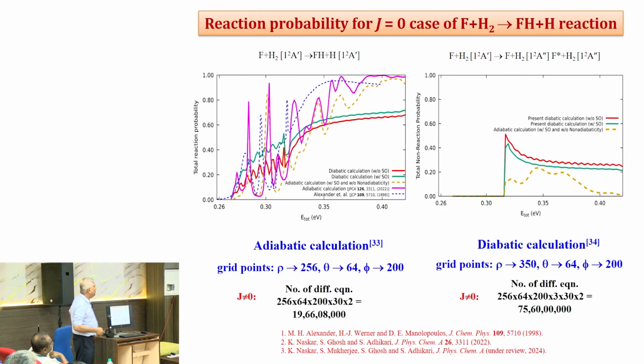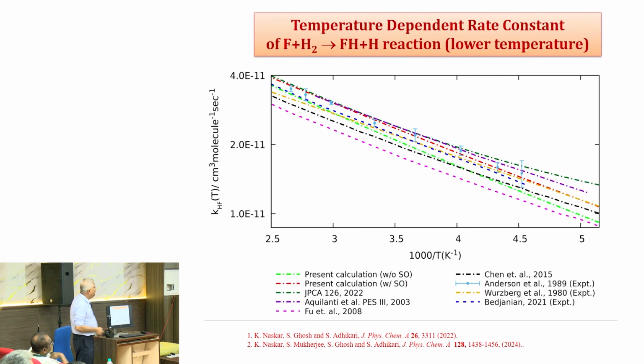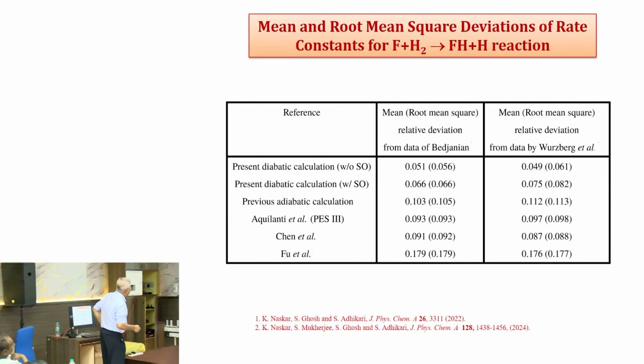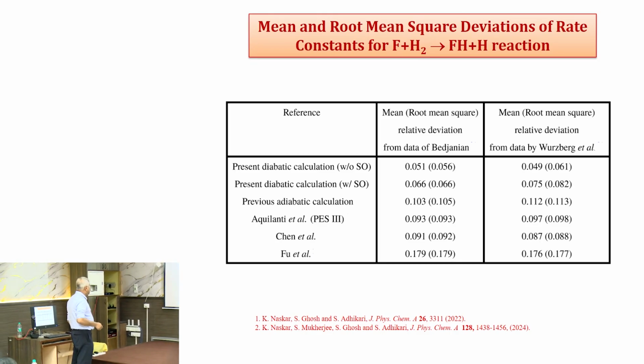That is what we have shown. This is the in-between result, and that is the final cross section, and our result has the best agreement with experiment. These are detailed, and we have done some analysis, the root mean square deviation and mean deviation; all other theoretical results are far below except ours.